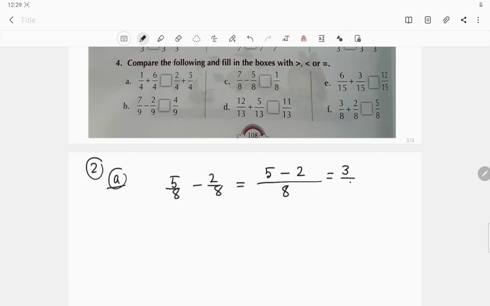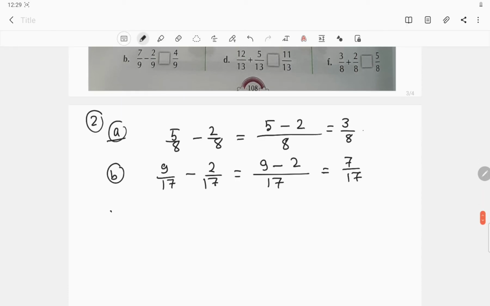So you will get 3 by 8. This is the difference. Similarly, question number B, 9 by 17 minus 2 by 17. They are like fractions, so the denominator will be the same. And now simply subtract the numbers in the numerator. 9 minus 2, so it will be 7 by 17. Clear?